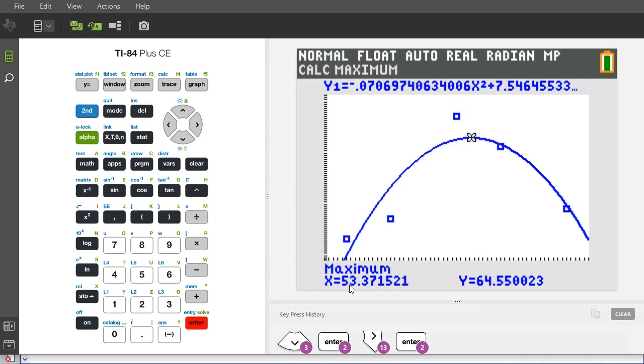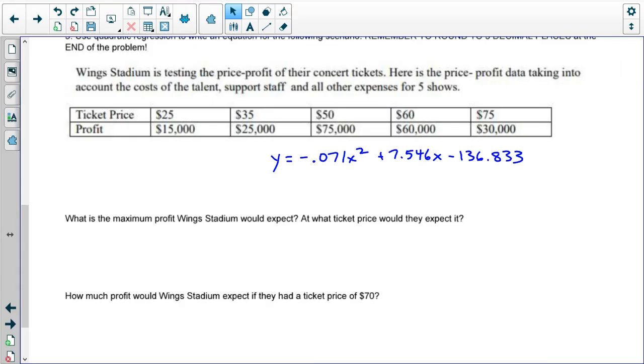So the maximum value that we're predicting is going to happen at $53.37. If we have a ticket price of $53.37, that's predicted to be my maximum amount of profit. And obviously, it's not completely accurate because we had more profit elsewhere.